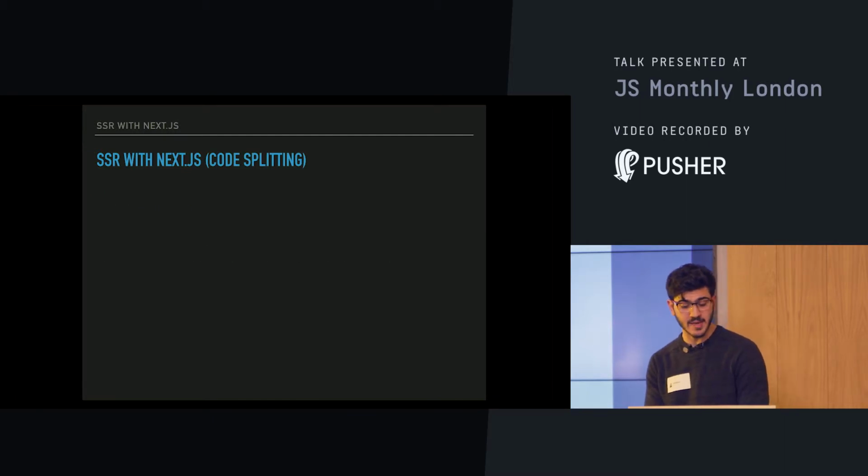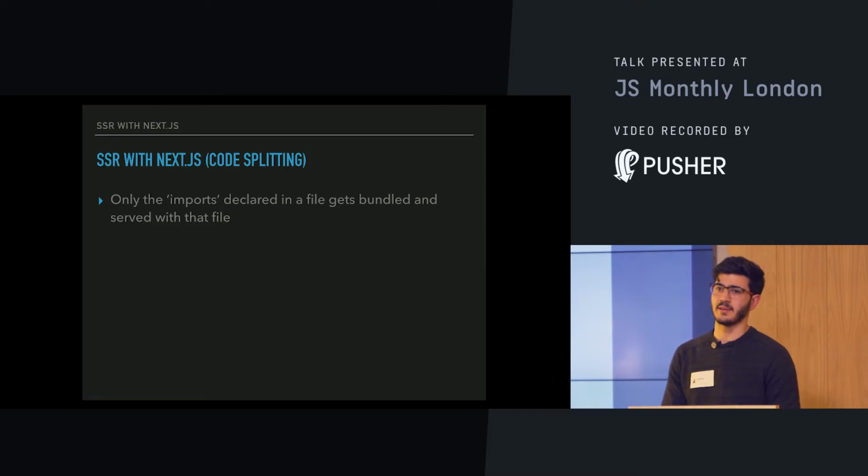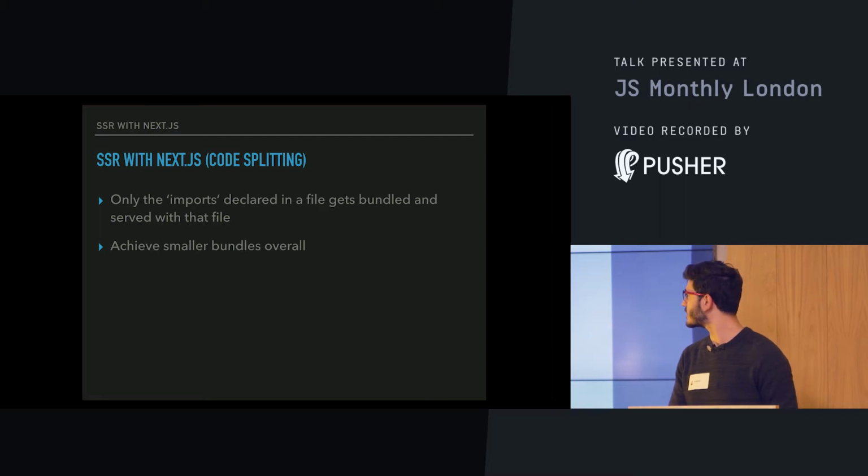So code splitting, another really good feature that Next has. The great thing about it is that it will only bundle the code that you use in your particular component. So if you haven't imported Redux in your page, you're not going to get Redux bundled with your page. This is a great way of shaving precious kilobytes off your bundle size.